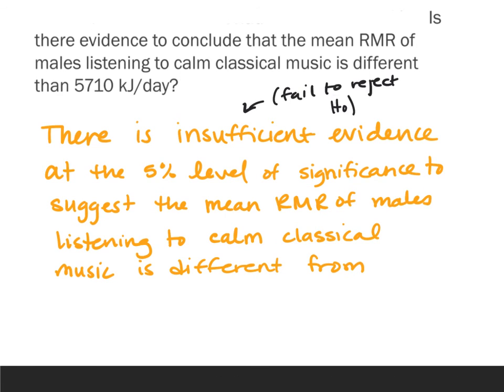from, and now I'm going to take a small liberty here. Rather than saying different from or different than 5,710 kilojoules per day, I'm not going to use that number. I'm going to say different from the resting metabolic rate of males sitting in complete silence.